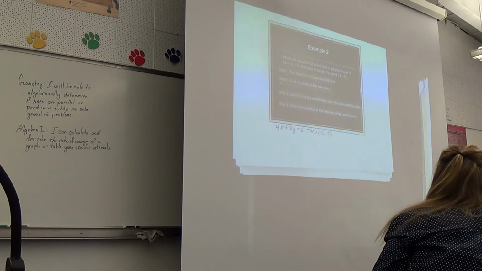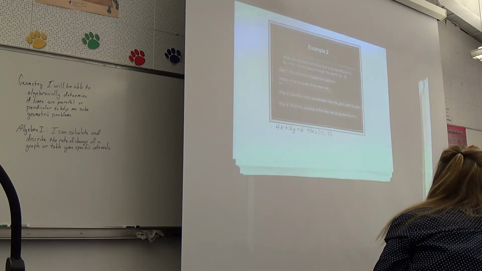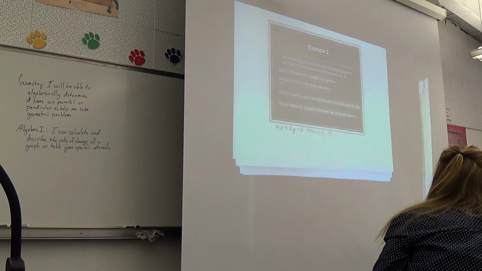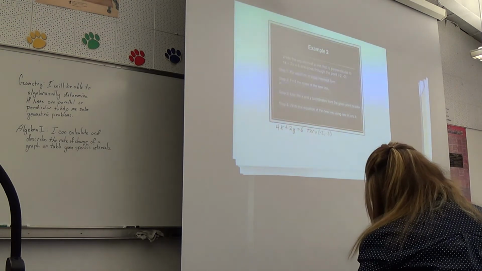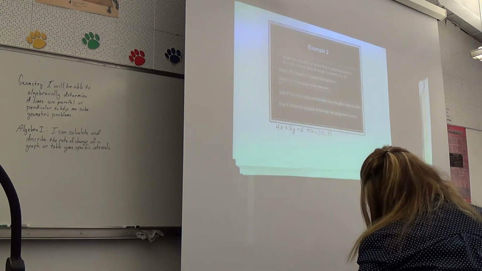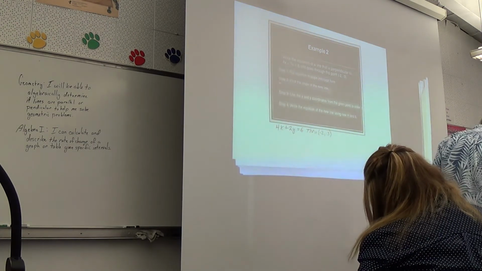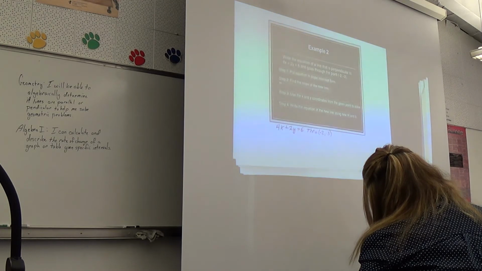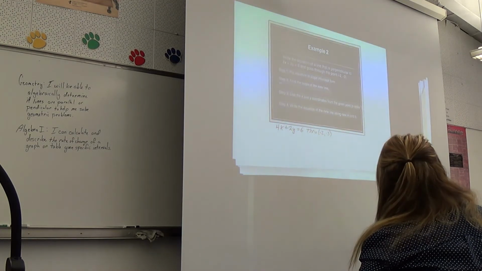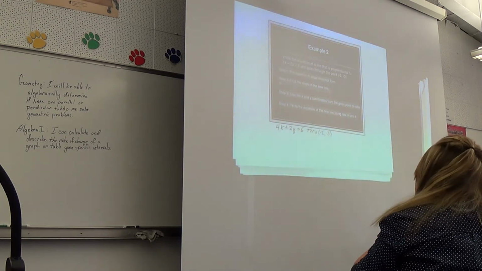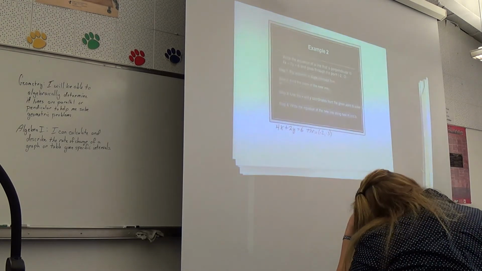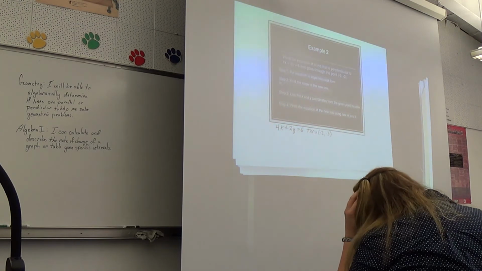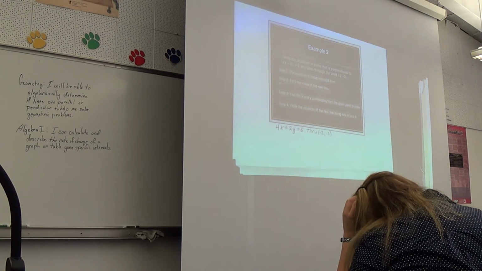Got it. Okay. Do you have it? Yes, that's it? Okay. We're gonna do perpendicular, but not just yet. Right now, we're just putting the equation in slope-intercept form.